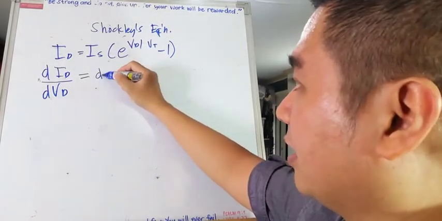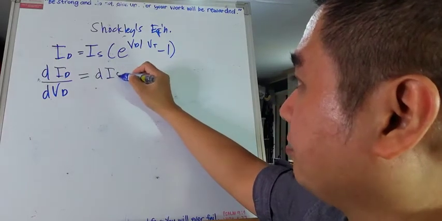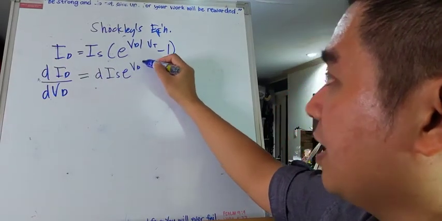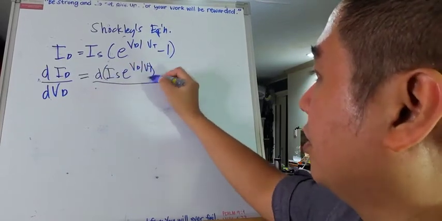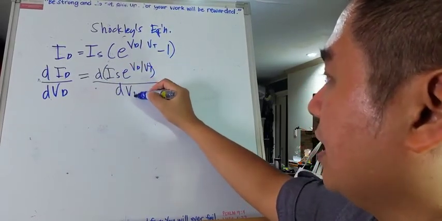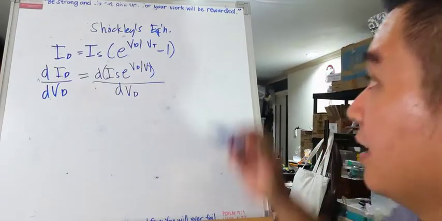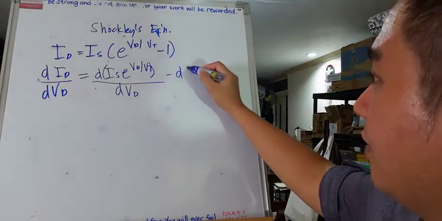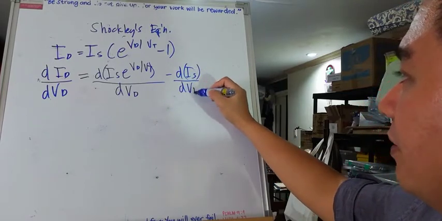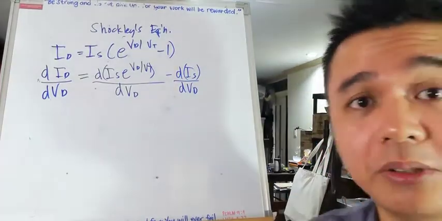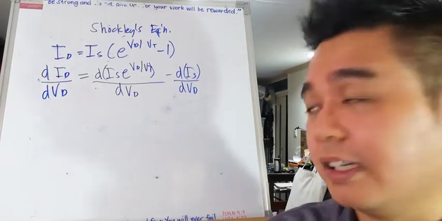So, magkakaroon tayo ng derivative of I sub s, e raised to VD over VT with respect to derivative of VD, alright, minus derivative of I sub s with respect to derivative of VD or the diode voltage.